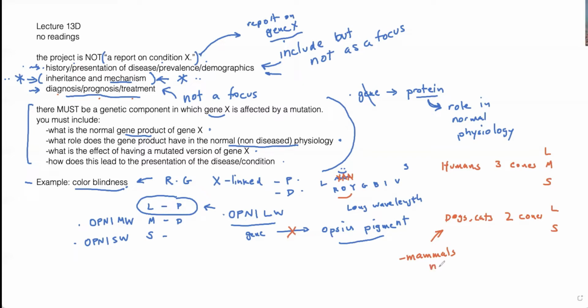And as nocturnal animals, you don't really get a chance to see colors very well. And so we lost cones. We basically lost the ability to distinguish colors because distinguishing colors was not terribly important to our life as nocturnal predators, right?